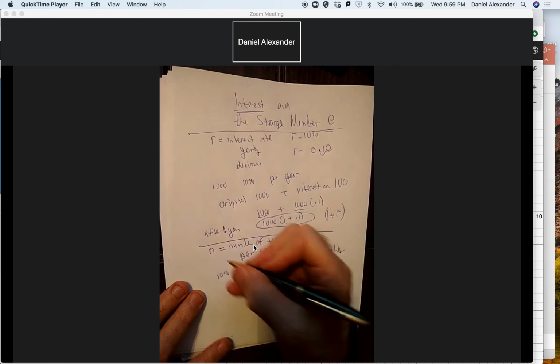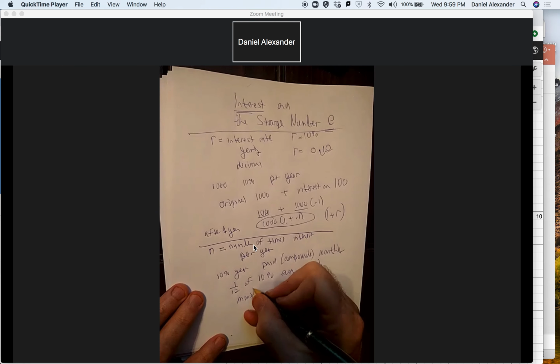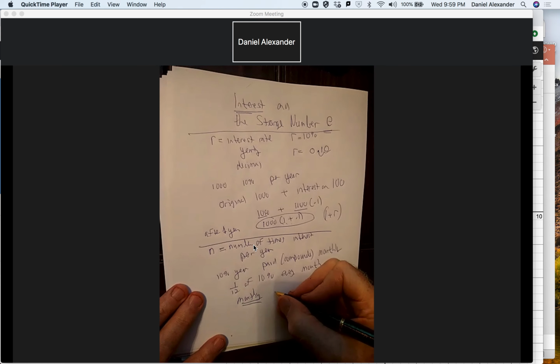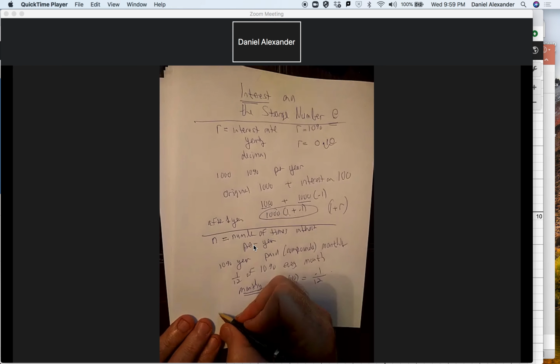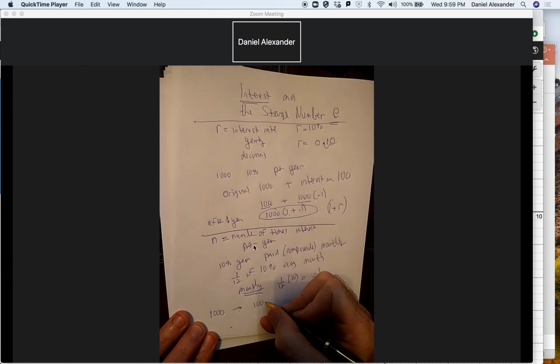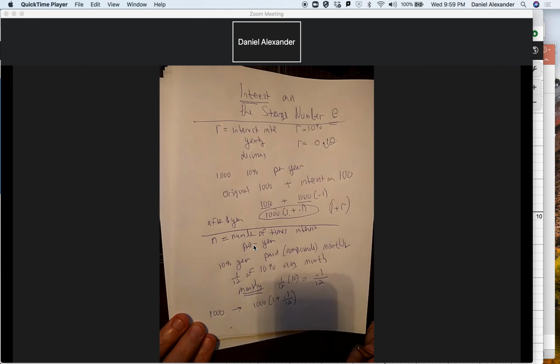So your monthly interest would be 1/12 of 10%, which is 0.1 over 12. That's your monthly interest. And so after 1 month, if you start with 1,000, you would have that 1,000 times (1 plus 0.1 over 12). Okay. So it's not as much money as you think it might be.